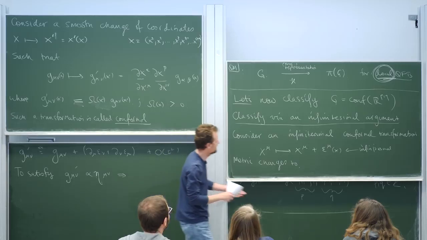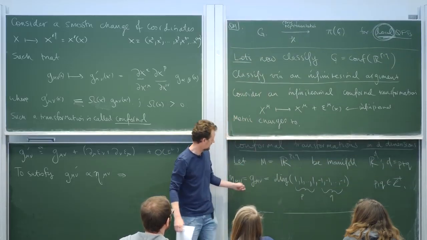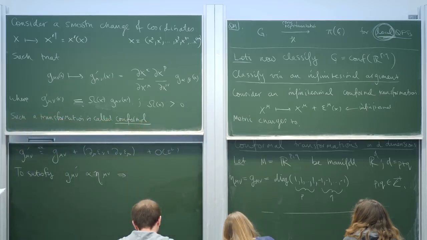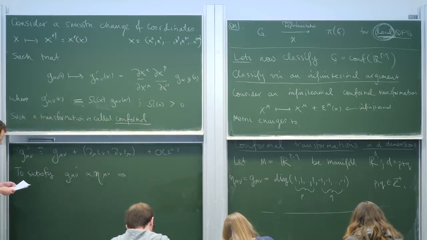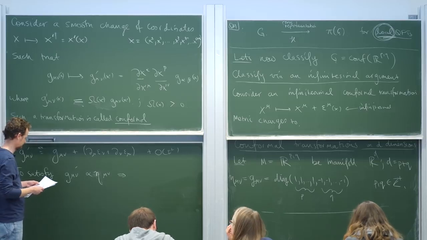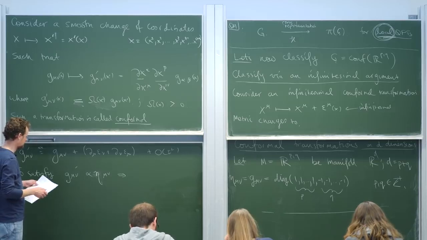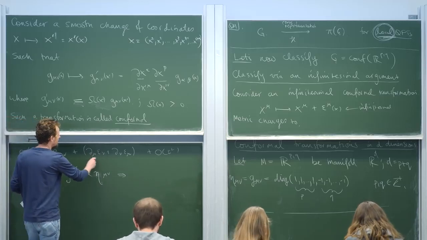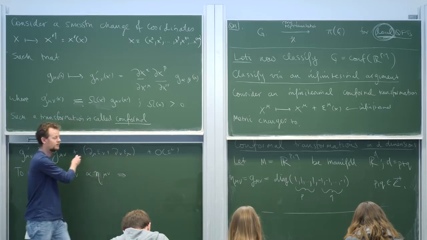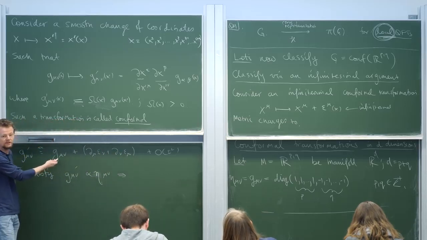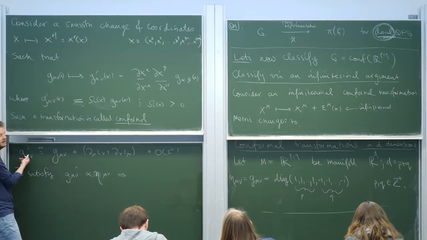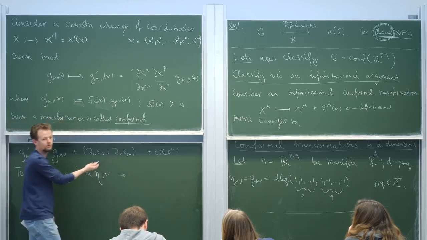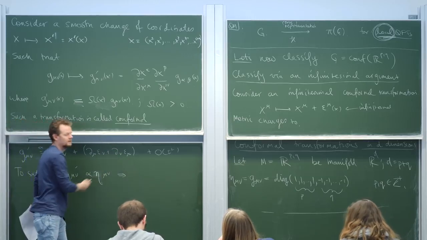Eta is my synonym here for this metric. Okay. So in order for that to be true, this thing here has to be proportional to eta. Take a look at this: g mu nu is eta, and that's eta, or something proportional to eta. It's pretty clear, right? The only thing you can put there is something proportional to eta.